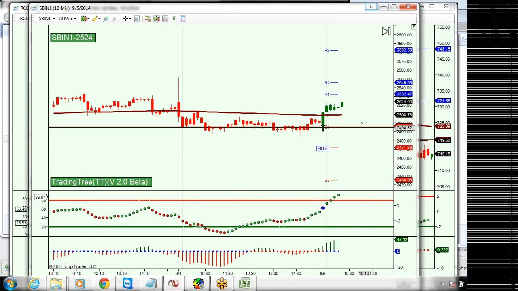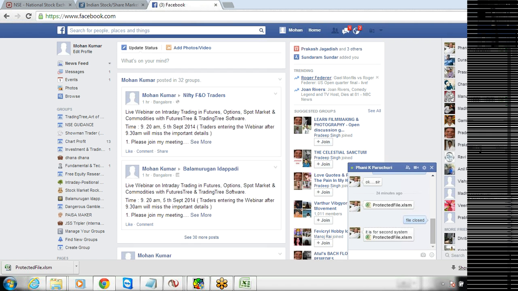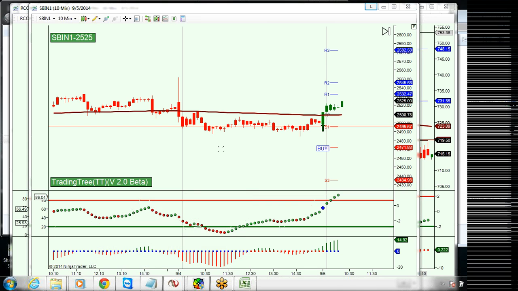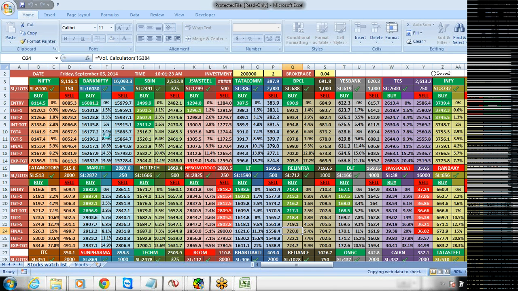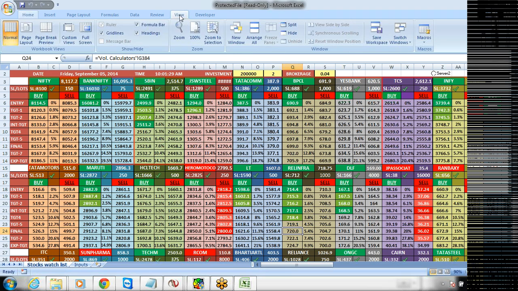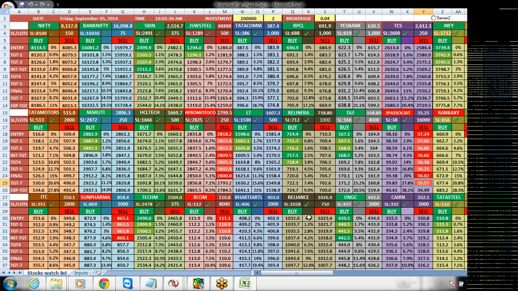So the red line what you are seeing, the horizontal line, that is your stop loss. Or you can have your own stop losses with the recent low of the candles, and then you can keep trailing your stop loss also. So you can just see JP Associates has already done its final target.